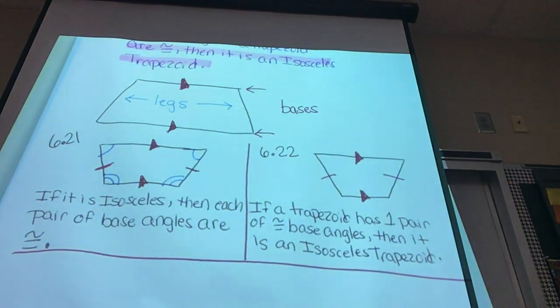So if a trapezoid has one pair of congruent base angles, then it is an isosceles trapezoid.